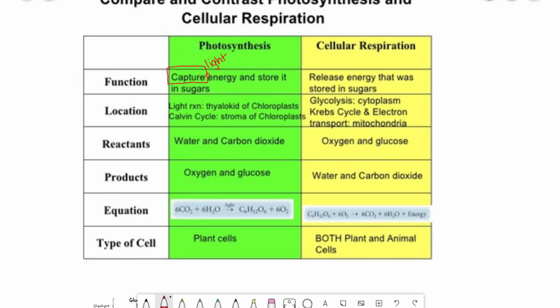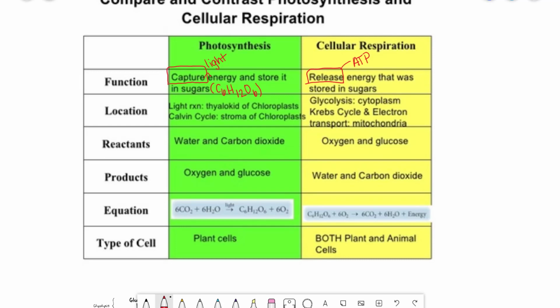It captures light energy and stores it in sugars, C6H12O6. That's our glucose. Now, if you look at respiration, its function is to release energy in the form of ATP that was stored in the sugar.